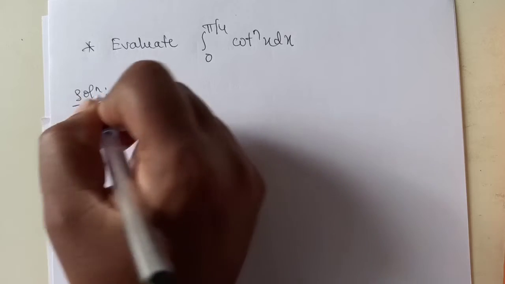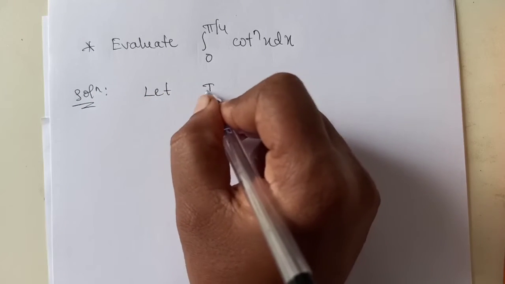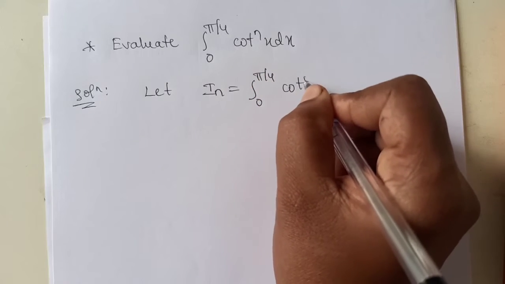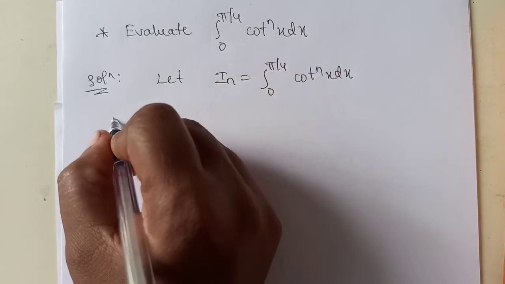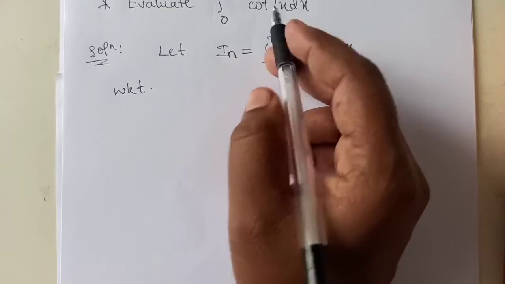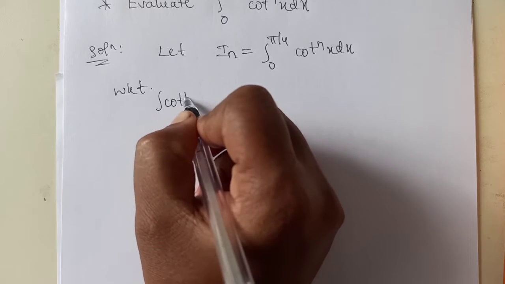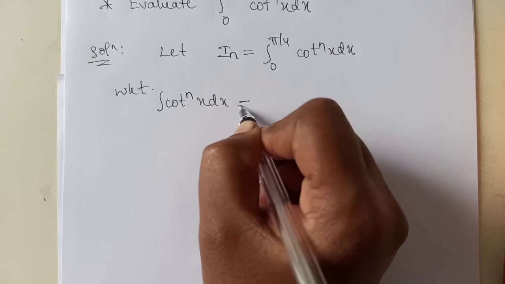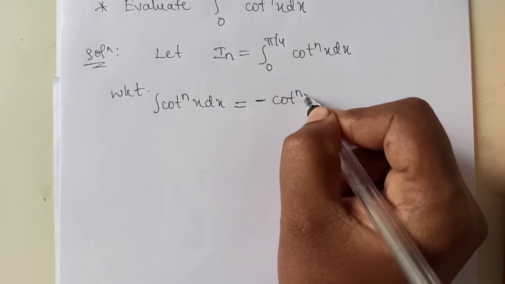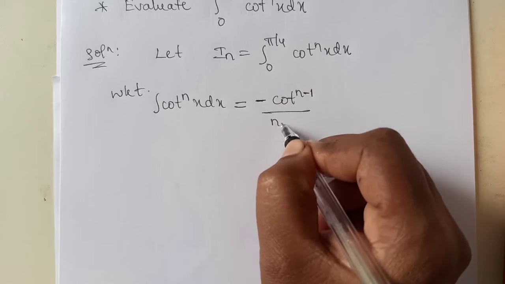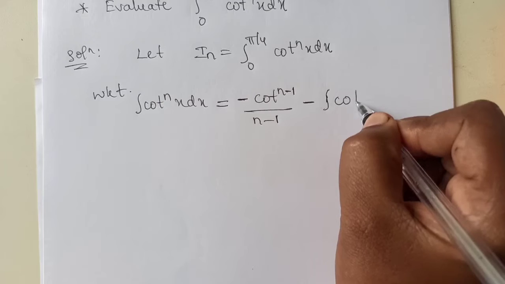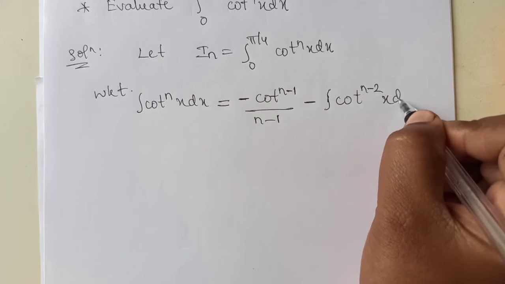Solution: let I_n equal integral 0 to pi by 4 of cot^n x dx. Now by the reduction formula for integration of cot^n x dx, we have the integral equal to minus cot^(n-1) x over n minus 1, minus I_(n-2), that is integral of cot^(n-2) x dx.